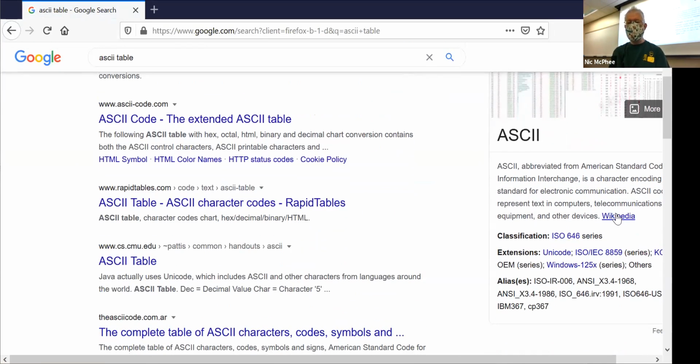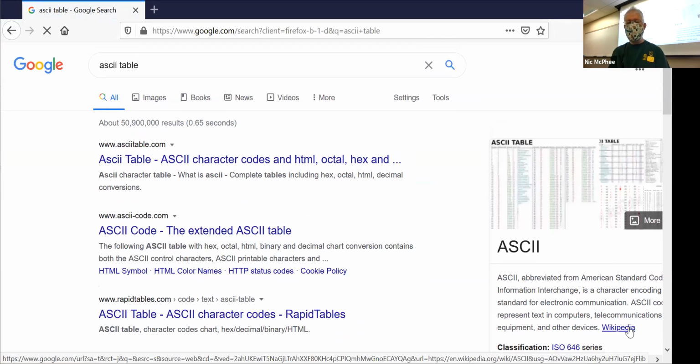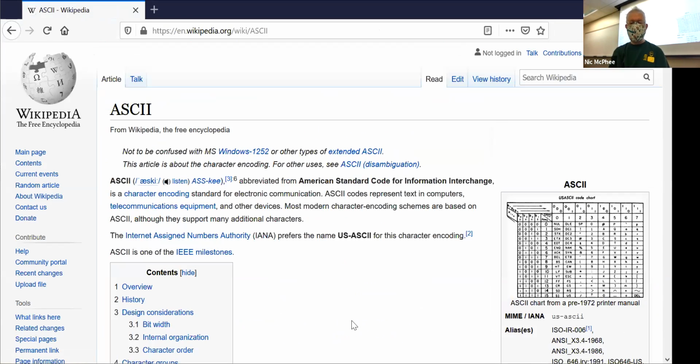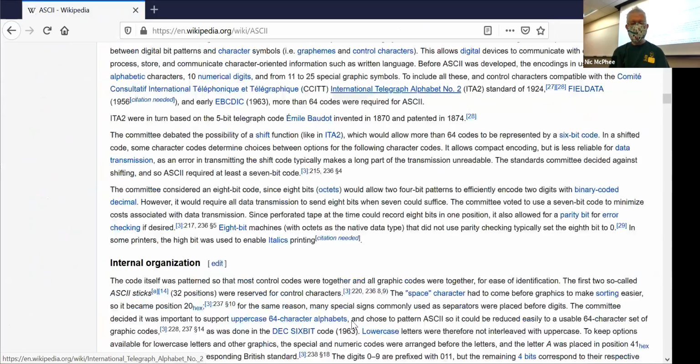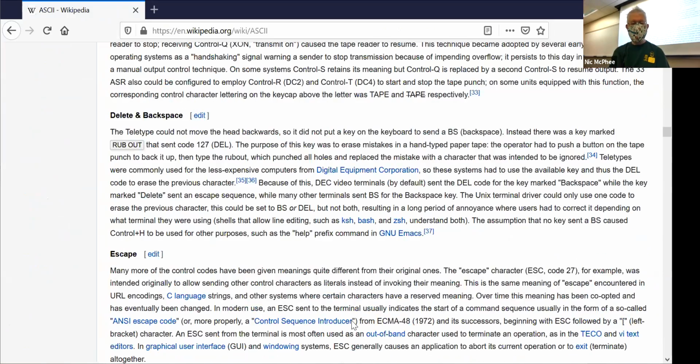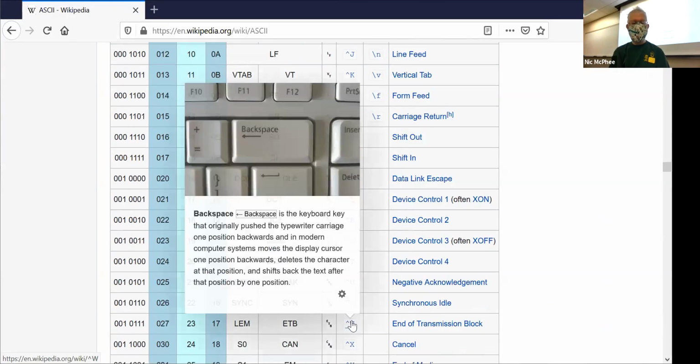And there's actually a Wikipedia entry on ASCII. And if you go to any of these, you can find the table. And I think if we scroll down, there's actually a big table version of it. And a lot more history than you care about.